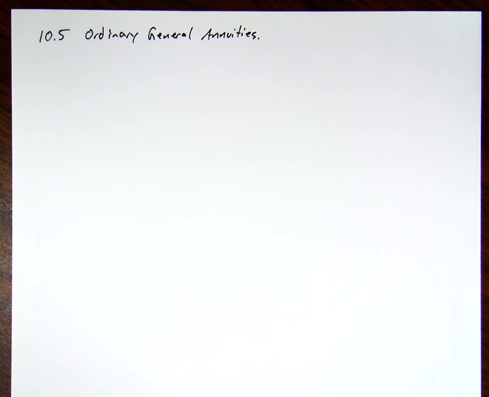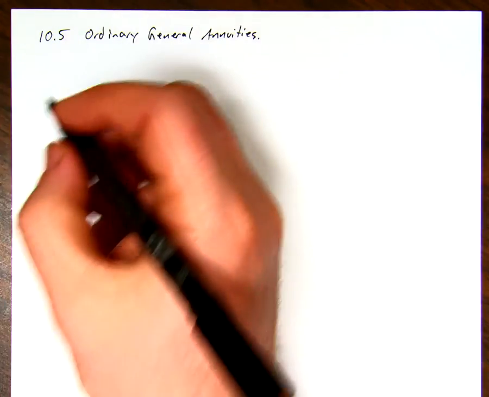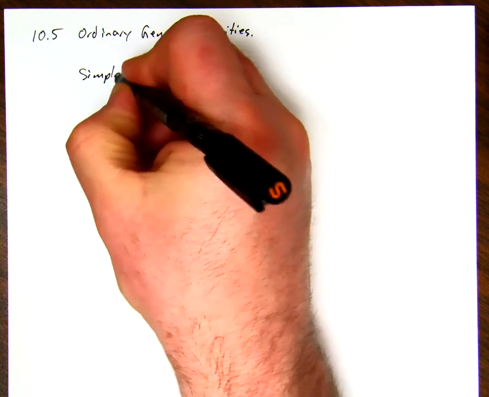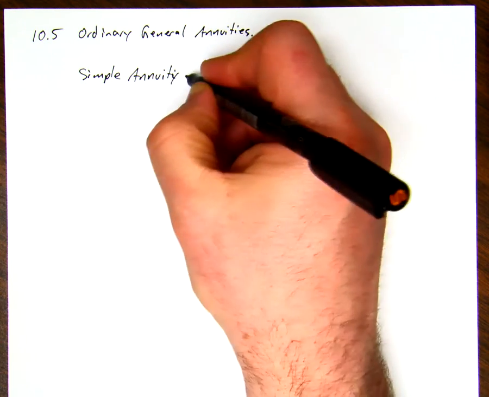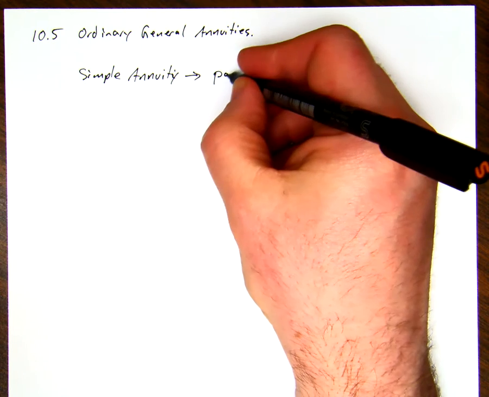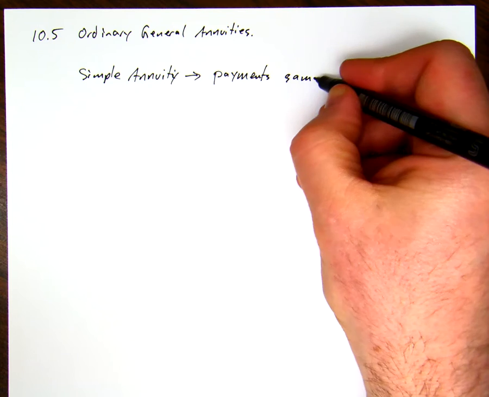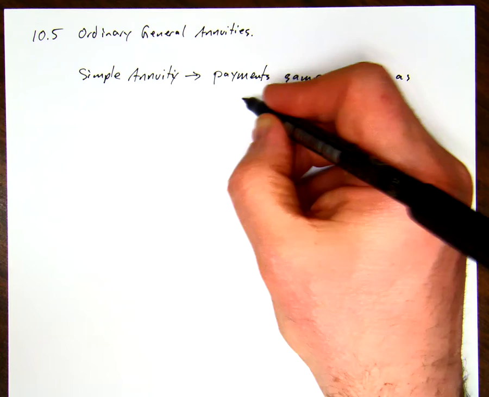Look at chapter 10.5. We're going to look at an ordinary general annuity. An ordinary general annuity is different from the ordinary simple annuities we've looked at, in that up till now we had a simple annuity, which meant our payments are on the same schedule as the compounding.